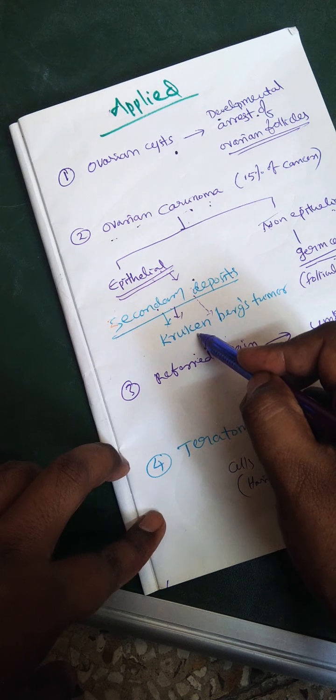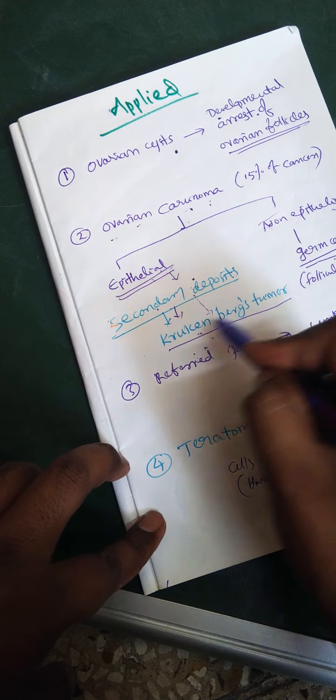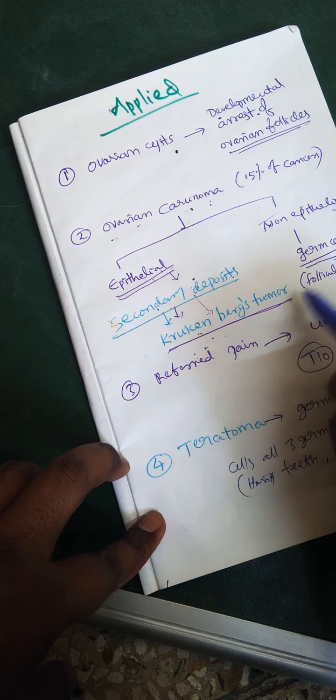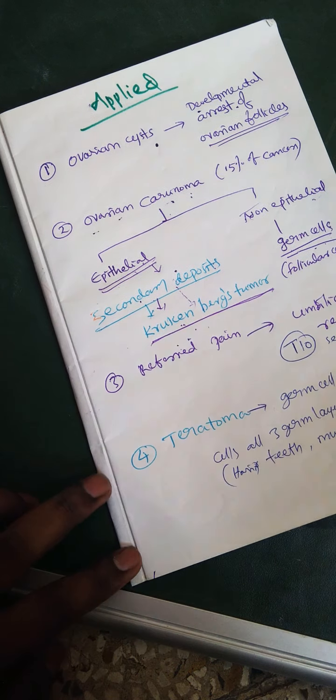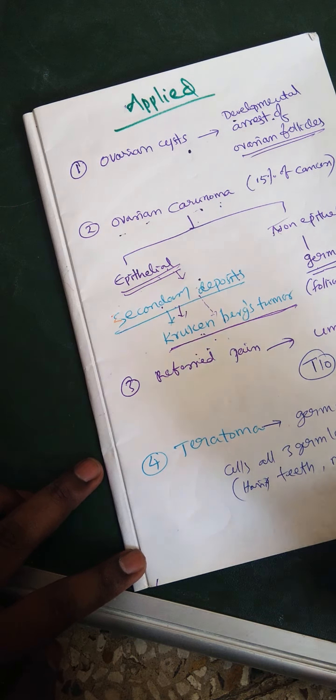That leads to secondary tumors, which we call Krukenberg's tumor. So Krukenberg's tumor is mainly due to carcinoma of the breast.